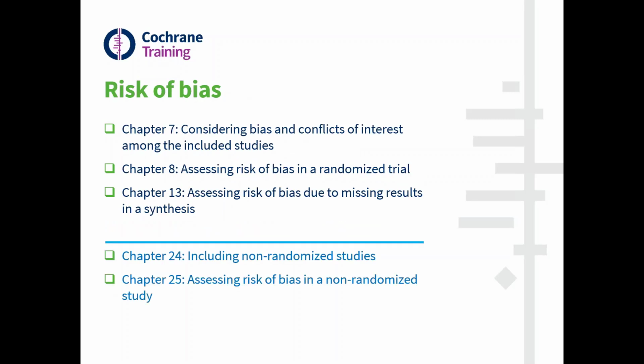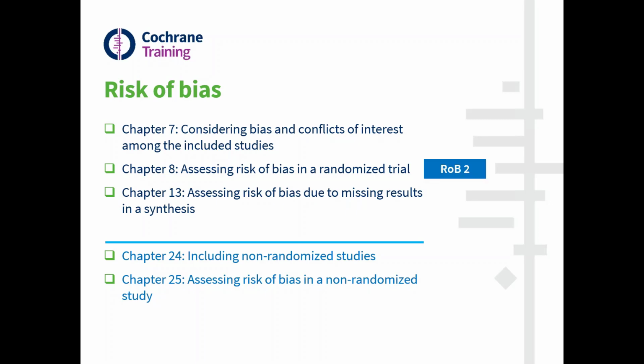There's quite a lot of new material on risk of bias, and James showed us how we have chapters 7, 8 and 13 in the core part, and 2 other chapters I'll talk a bit more about later in the further topics.